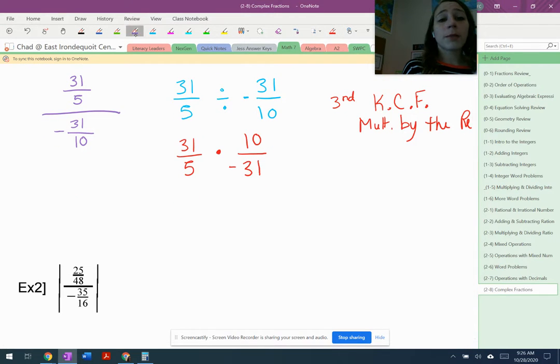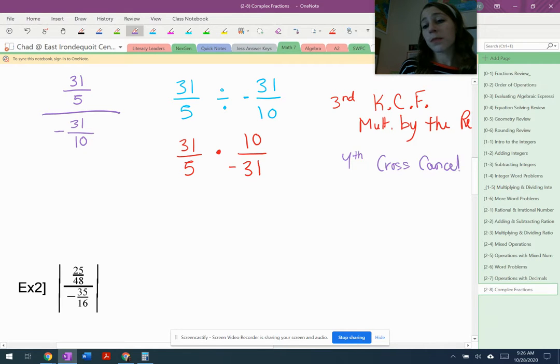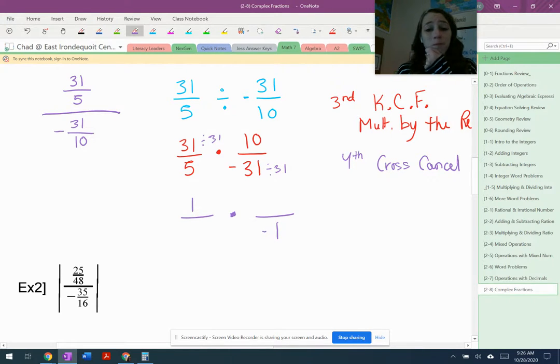All right, so now we're back onto multiplying. So we're going to check for any cross-canceling, which those 31s are going to be really, really nice and easy to cancel. They're the same thing, so I can divide them by themselves, right? 31 divided by 31, negative 31 divided by 31, 1 over something times negative 31 divided by 31 is a negative 1.